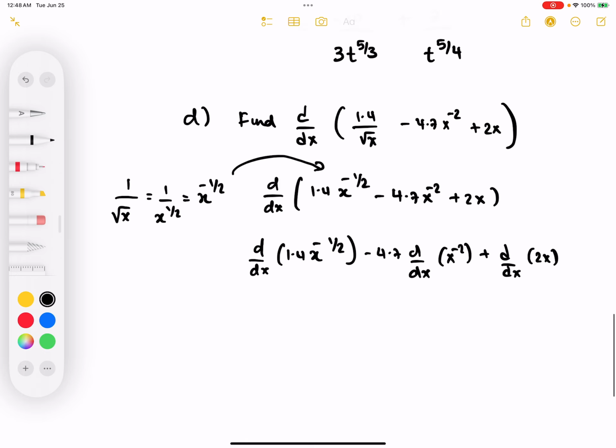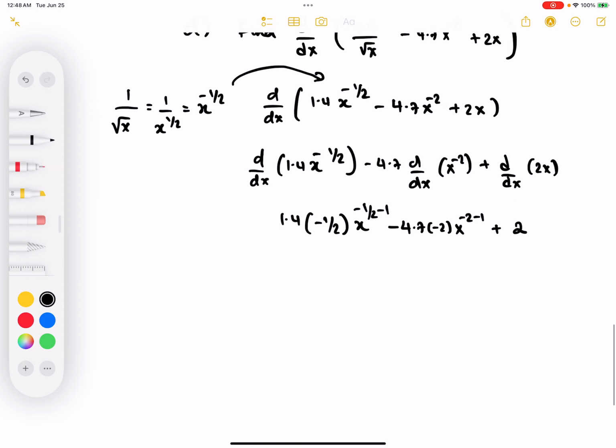Now, the derivative of this one is 1.4 times negative 1 over 2 x to the negative 1 over 2 minus 1. The second one, 4.7 times negative 2 x to the negative 2 minus 1. The third one is just 2 because, you know, 1 minus 1 is x to the 0. So this becomes negative 1.4 over 2 x to the negative 3 over 2.